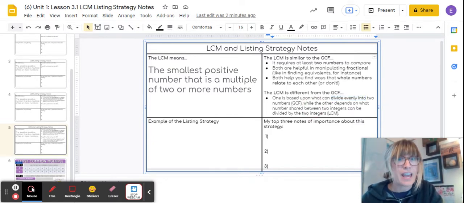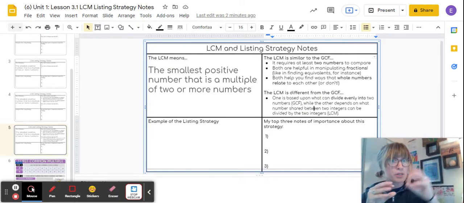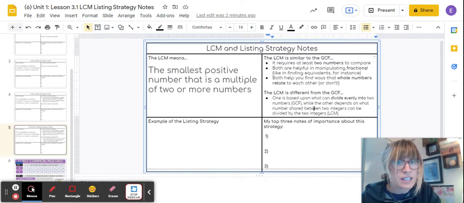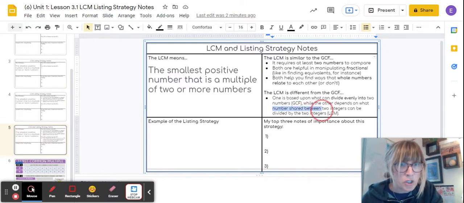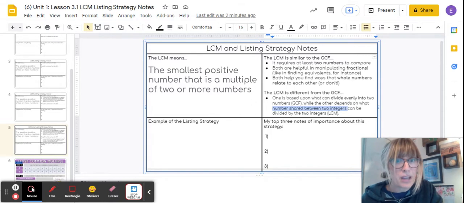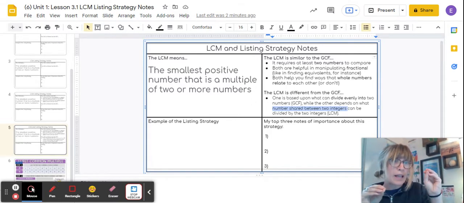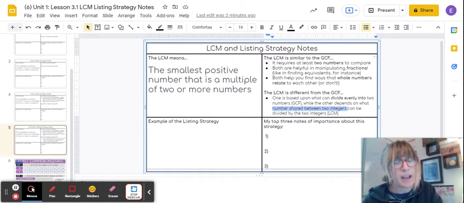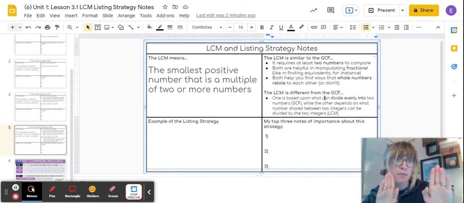While to find the LCM, multiples multiply. To find the LCM, it depends on what number shared between two integers can be divided by those two numbers. Integers are positive or negative numbers, but they're always whole. So multiples multiply, and factors go low, and those can both help us when we're thinking about the LCM and the GCF.